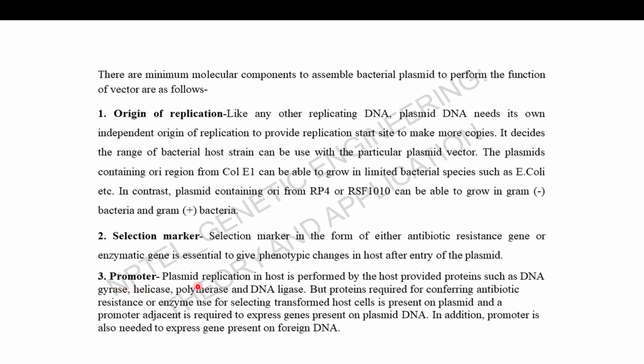Then there should be a promoter. Plasmid replication in the host is performed by host-provided proteins, for example DNA gyrase, helicase, polymerase, and DNA ligase. However, the proteins required for conferring antibiotic resistance, or the enzymes used for selecting transformed host cells, are encoded on the plasmid, and a promoter adjacent to them is required to express the genes present on the plasmid DNA, right? In addition, a promoter is also needed to express the genes on the foreign DNA, the foreign gene that has been inserted to make a recombinant DNA.